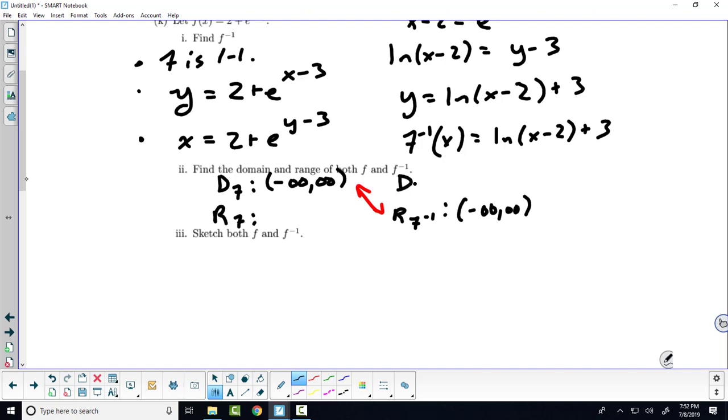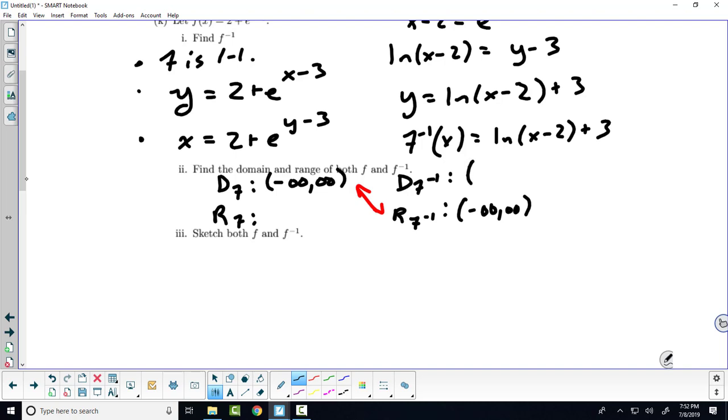What is the domain of f inverse? We can answer that question by just looking at what we've determined f inverse to be. F inverse is a logarithmic function. So got to be careful here. I can only take the log of a positive number. Can I take the log of 0? No. So what is the domain of this function? Not 0 to infinity, careful.